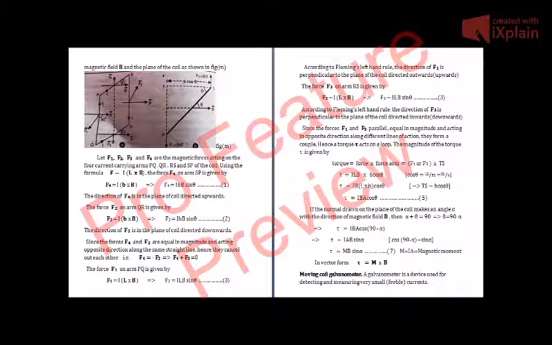Again, theta is 90 degrees, so F2 equals I b B. If we apply Fleming's left hand rule, in which the central finger is in the direction of the current, the first finger is in the direction of the magnetic field, and the thumb represents the direction of the magnetic force, the direction of F2 is in the plane of the coil, directed downwards.